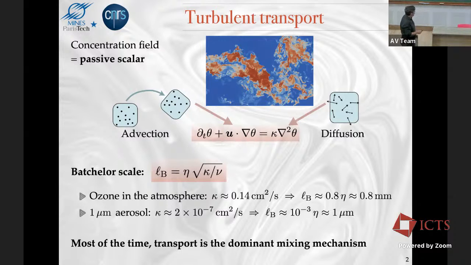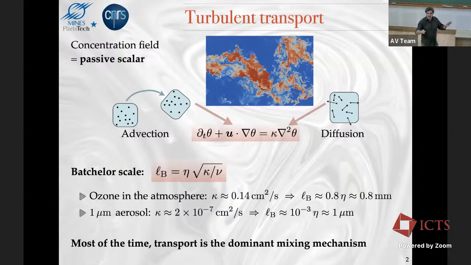Now you take something which is even less diffusive, like an aerosol, a small dust particle. Now the diffusivity is much smaller, and the Batchelor scale is of the order of a micrometer, which is of the same order as the size of the aerosol.